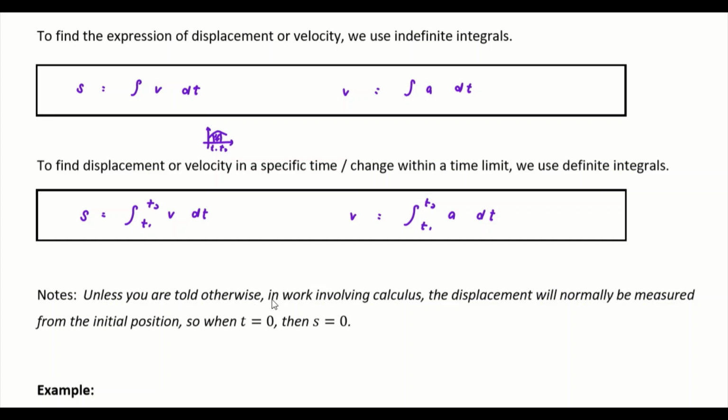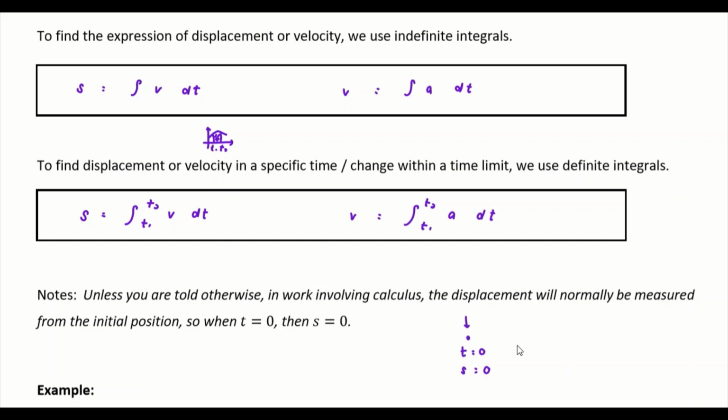For all the questions that we will be approaching later, the displacement is measured from the initial position, which tells us that when t equals 0, s is basically 0, because the displacement starts from the initial position. So this is the initial position, meaning t equals 0, then the displacement starts being measured here, that's why s equals 0. This idea will be very helpful later.